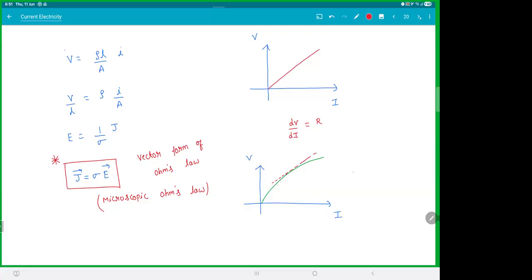So in this scenario, we get dV by dI is resistance. This is called dynamic resistance, meaning this is a resistance which is varying with current. So you will find materials like this. Materials which obey Ohm's law are called ohmic conductors. There is no guarantee every time everything will obey Ohm's law. So all materials need not obey V is equal to IR.